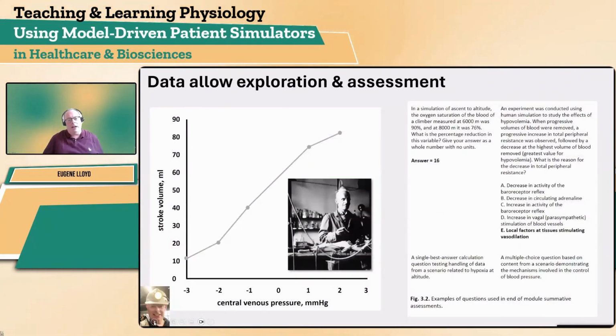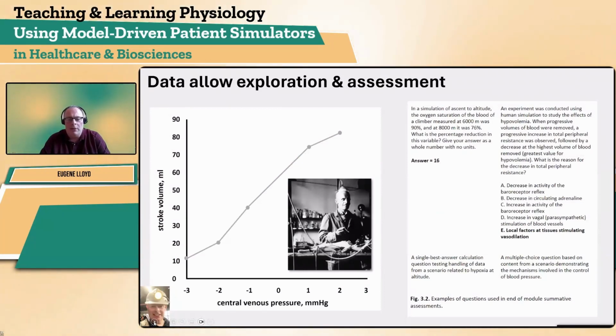So this is a graph of Ernst Starling. Starling was a physician and physiologist at University College London, and the picture shows him with his experimental setup, looking at a heart-lung preparation in dogs.